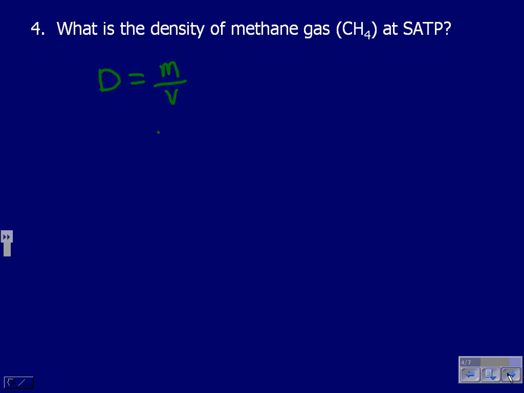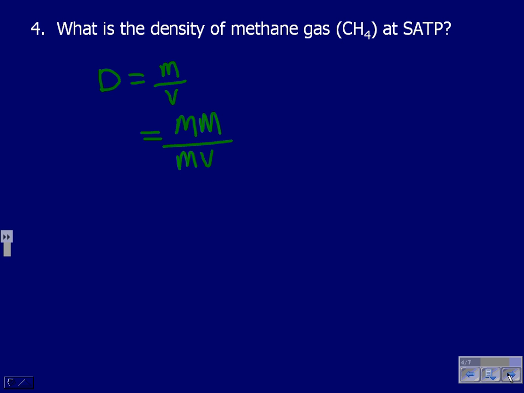Mass over volume. Like I said, in the past I've tried to get you to work it through, but I'm just going to give you the equation. Instead of dealing with just a general mass and a general volume, the equation will still work if I deal with 1 mole of a substance. In other words, if I take the molar mass and divide it by the molar volume of that gas, then I still have mass over volume units in the end.